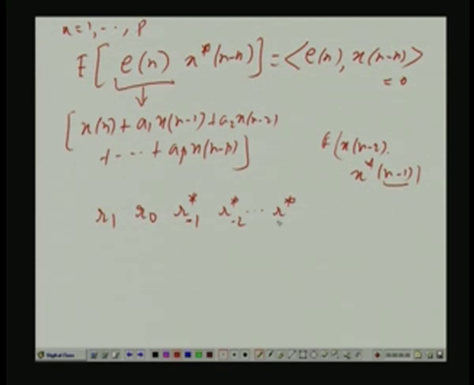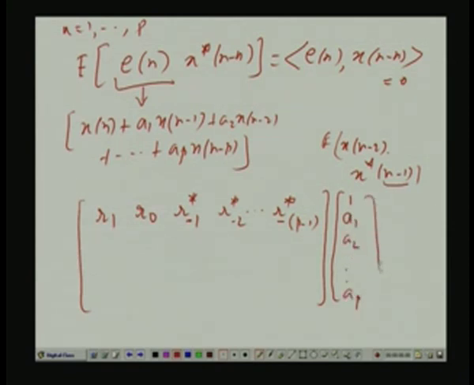So, this will be minus of p minus 1. And I put it in this kind of form 1 A1 A2 dot dot dot AP, that is equal to this row times this column, that is 0, because inner product is 0.